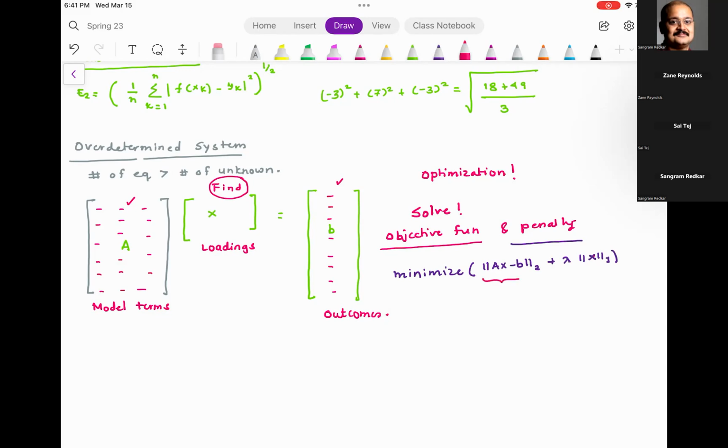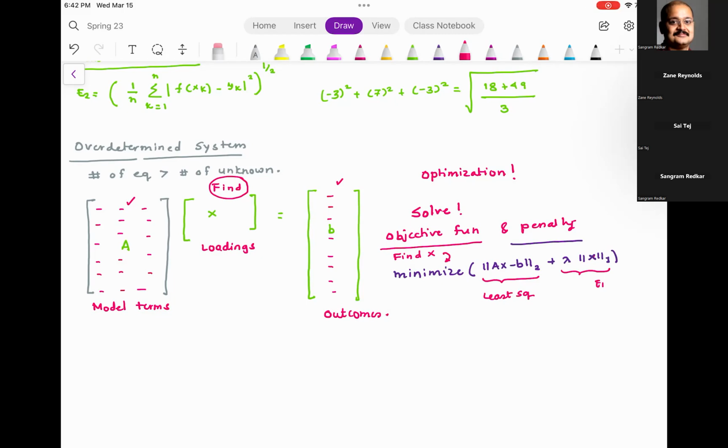So this is sort of the least square. And then this is nothing but the value of the L1 norm on x. You can do it on L2, you can do it on L infinity, whatever you want to do. So I have this problem and I want to find the values of x, where this objective function needs to be satisfied.